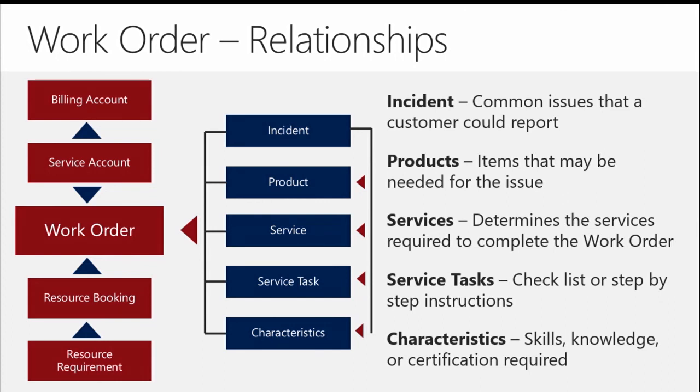So if there are typical products and or services that always end up on down system work orders, we can create an incident and template that information out and say, okay, anytime we have a down system, it needs to have these 4 or 5 products. These are the 2 or 3 services that we are going to be offering as part of that work order. And then in addition, we can also define the service tasks.